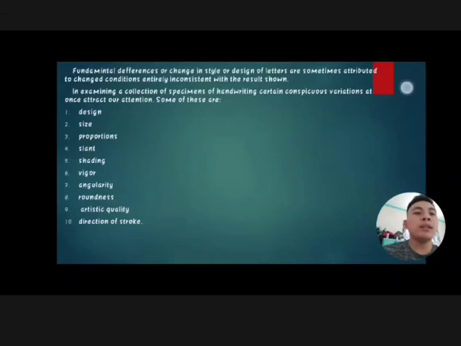Some of these are: design, size, proportion, slant, shading, vigor, angularity, roundness, artistic quality, direction of stroke.